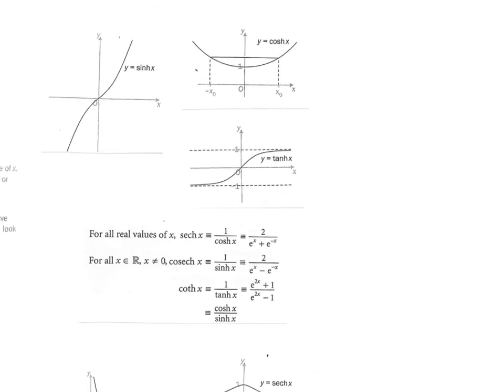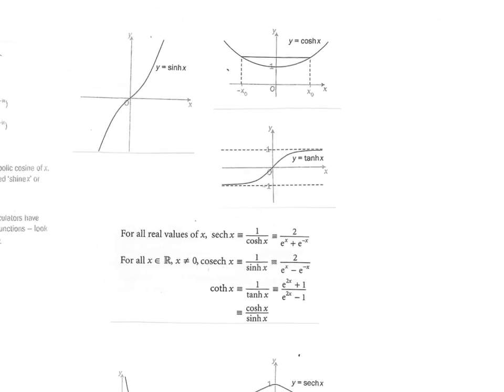When we put the exponential definitions in, they cancel down to e to the 2x minus 1 over e to the 2x plus 1. If you write sinh x as a half of e to the x minus 1 over e to the x, and then get a common denominator, you see that sinh x is a half of e to the 2x minus 1 over e to the x. And similarly for cosh x, you get that. And when we divide one by the other, this is what we get for tanh x. So it's very similar to what we have in trigonometry.